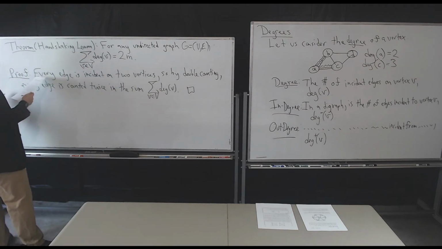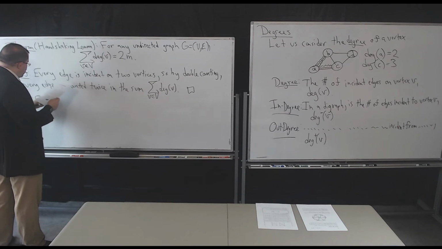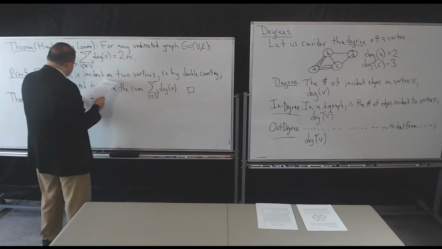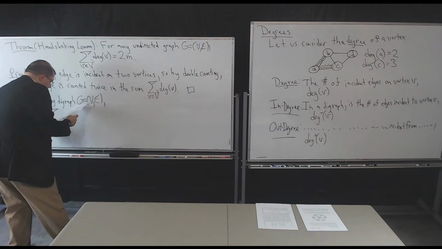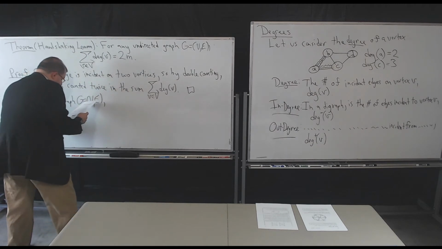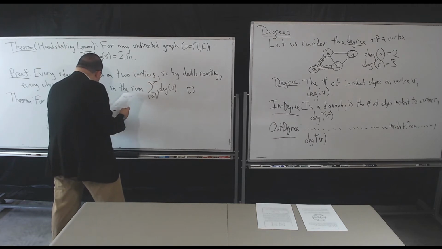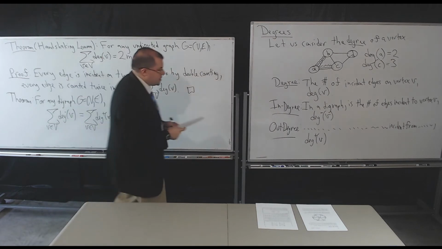So I should point out that there's a similar theorem that exists for directed graphs. It's quite similar for any digraph G = (V, E). That the sum, if you take the sum of all the vertices and you sum up all the in degrees of each vertex, it's going to be equal to the sum of the out degrees, which is actually equal to exactly m, the number of edges.